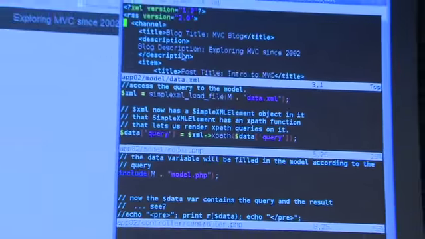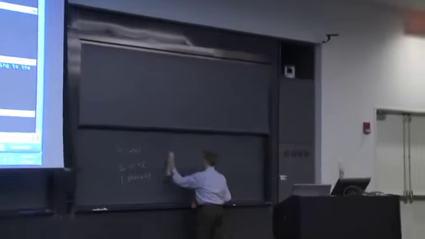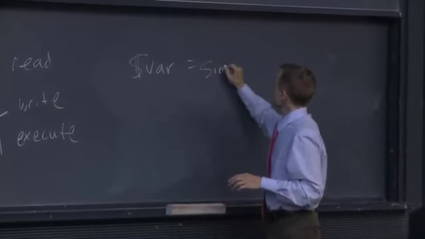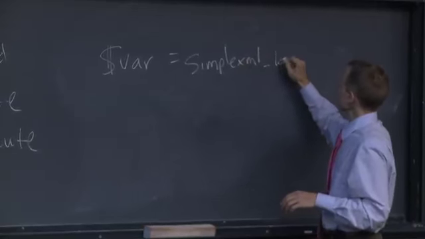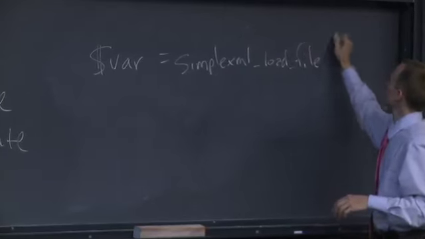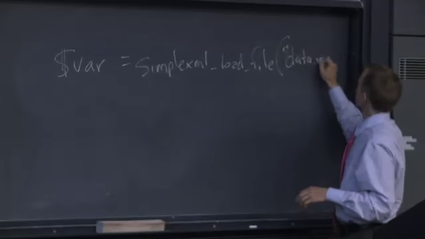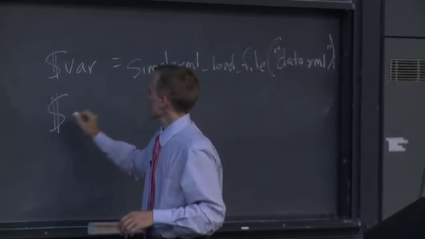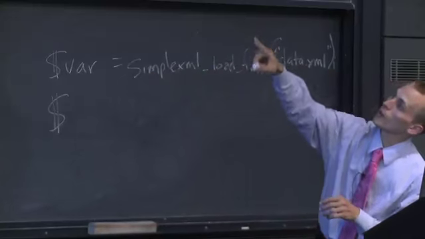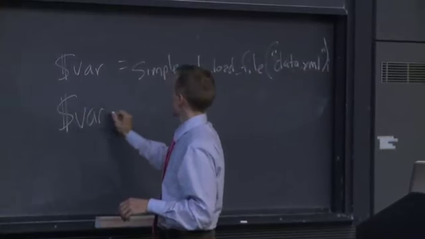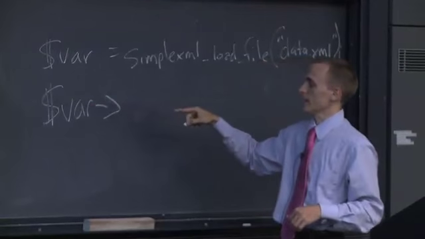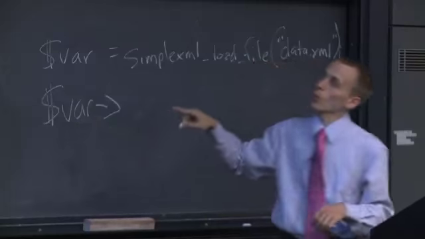So, for instance, if I have a variable, then now I can access, assuming that data.xml is the same as it is up there, I can go variable and then use the special hyphen greater than arrow, descending into sign that you use with objects in order to actually access that channel.